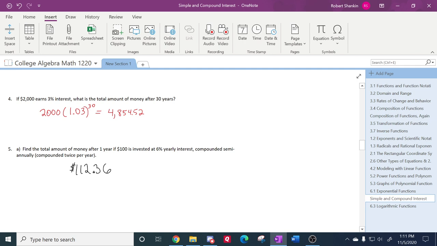And whoever came up with that answer, can they explain how you came up with $112.36? This is a cool answer.